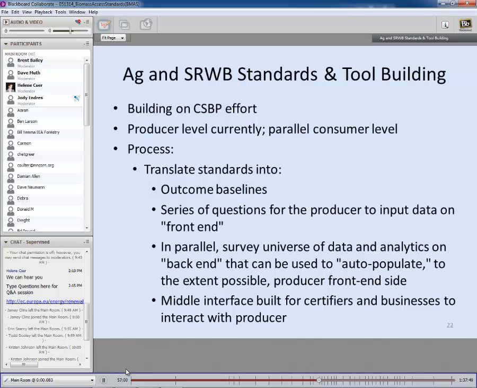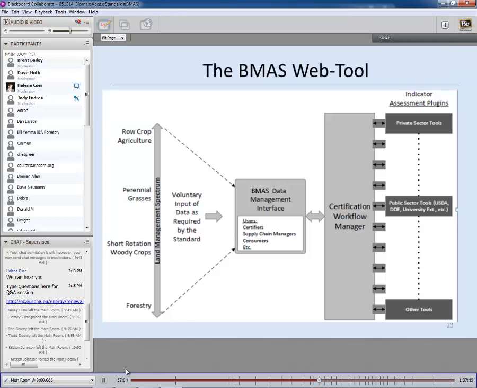And then, and this is key, and I'll show you a diagram here, we have the middle interface, where the universities are not interested in being certification organizations. That's not their mission. Their mission is to support their stakeholders in agriculture and forestry.